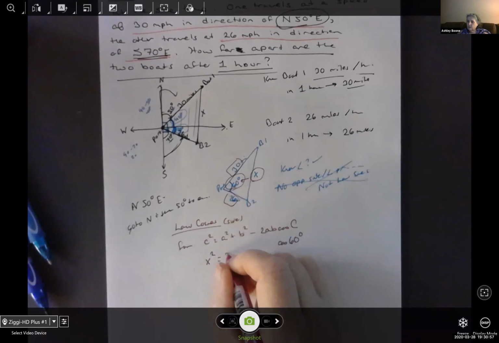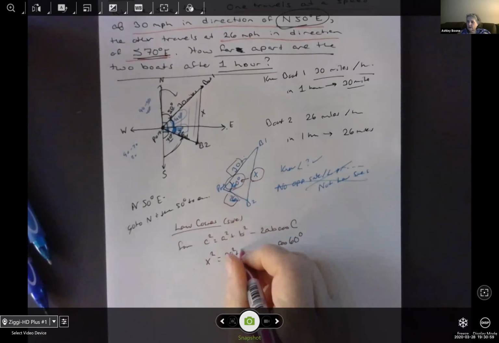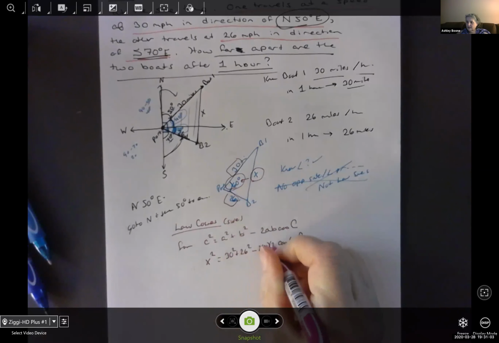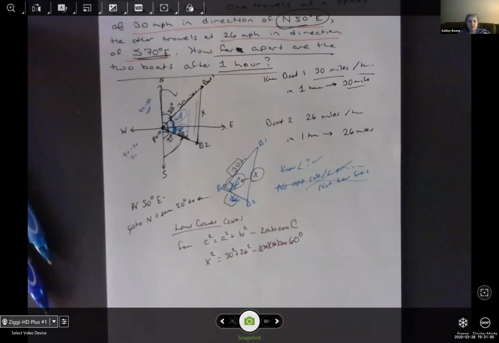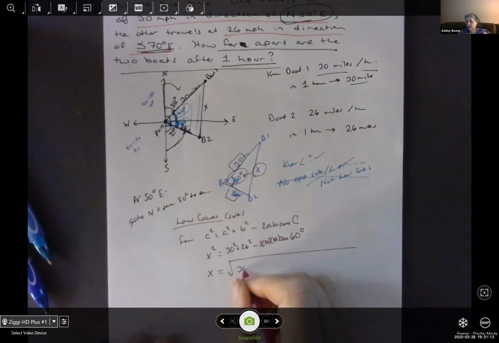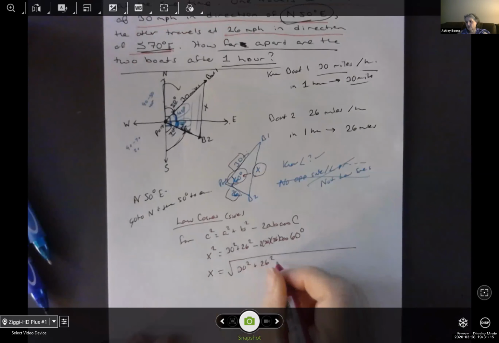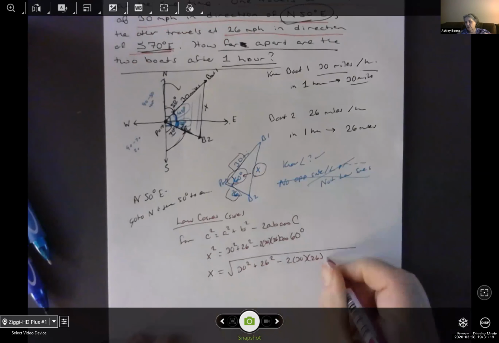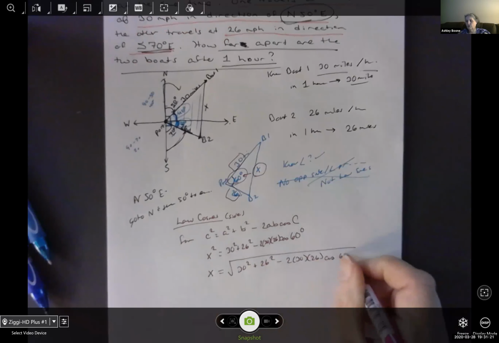So I have 30 squared plus 26 squared minus 2 times 30 times 26 times cosine of 60. So the distance between the boats, x, is going to be equal to the square root of 30 squared plus 26 squared minus 2 times 30 times 26 times the cosine of 60 degrees.